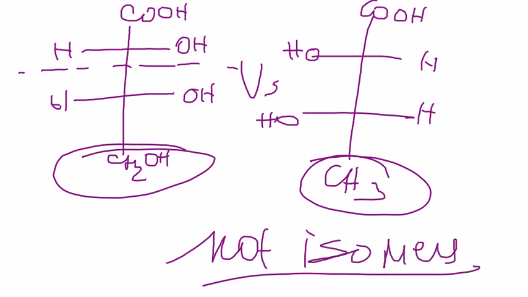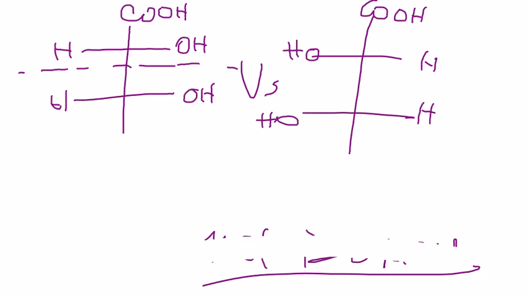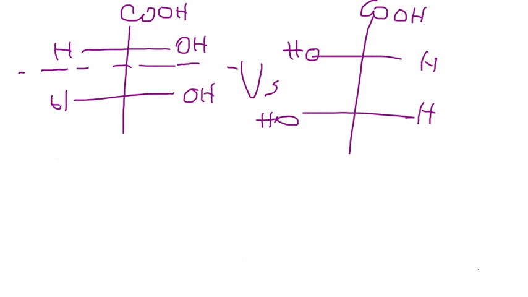But if they were, let's say it is actually a COOH, so maybe let's change this to carboxylic acid, COOH, and a COOH. And now somebody asks you what's the relationship between these.